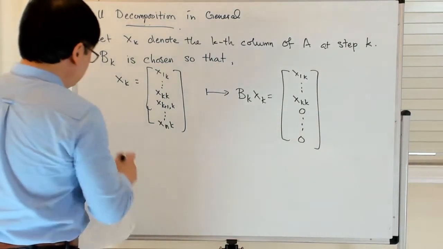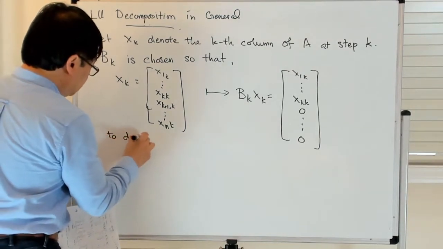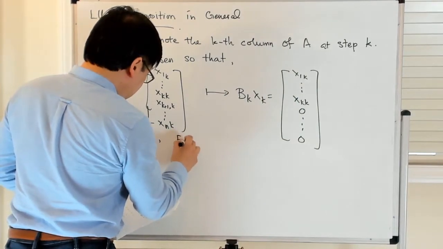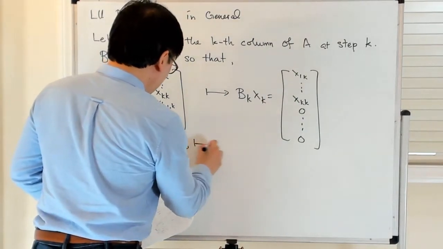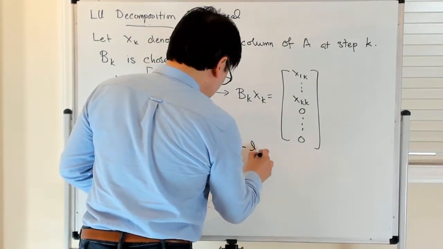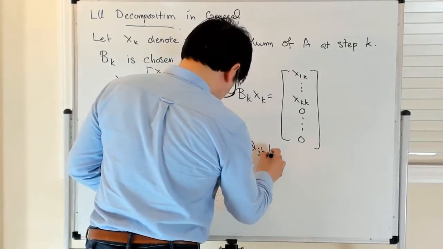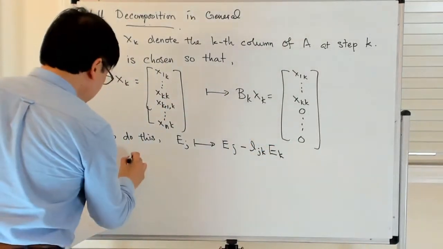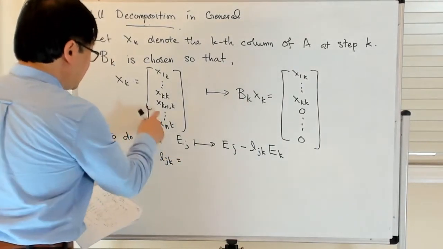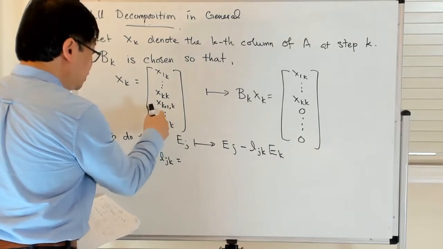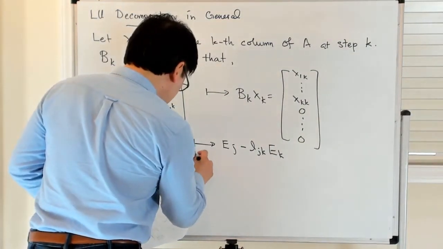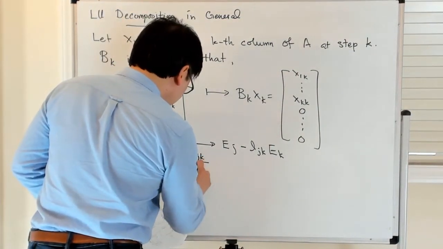To do this, if you recall, you take the jth equation and map it to Ej minus Ljk times Ek, where Ljk is that entry corresponding to the appropriate row divided by the thing along the diagonal, so that's just xjk divided by xkk.